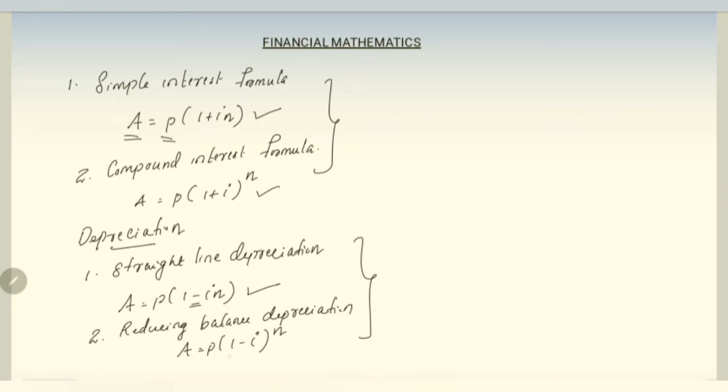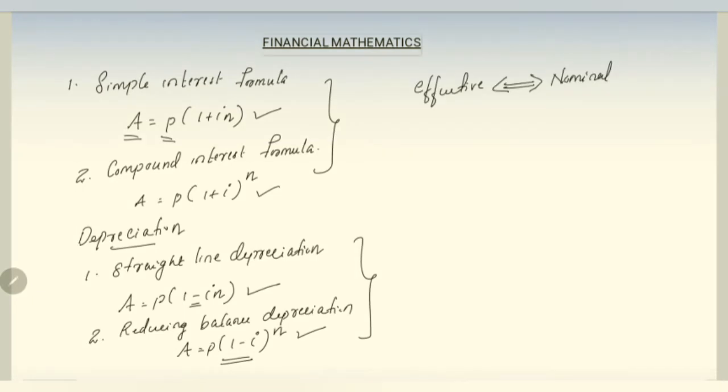Then the reducing balance formula is also there, that is the compound interest formula where instead of plus we are using a minus. The reducing balance depreciation is very important when it comes to calculating the book value of a car after 5 years, 10 years, so we are finding the scrap value of a car.